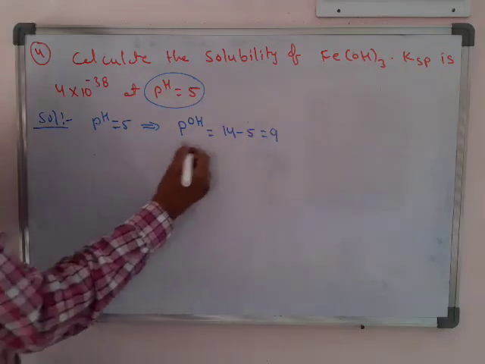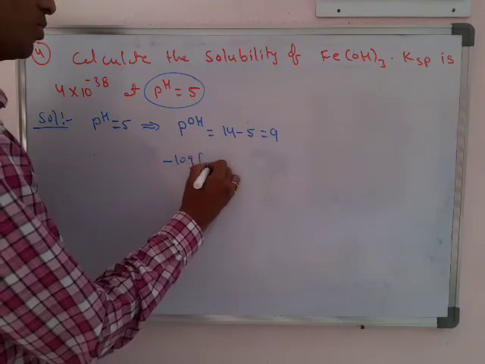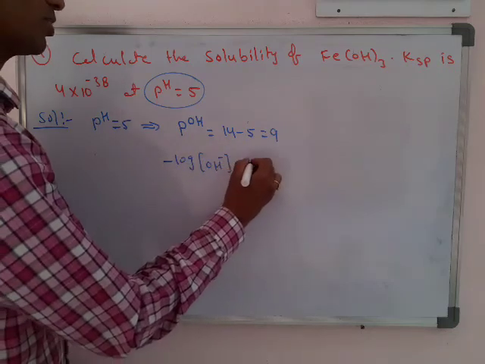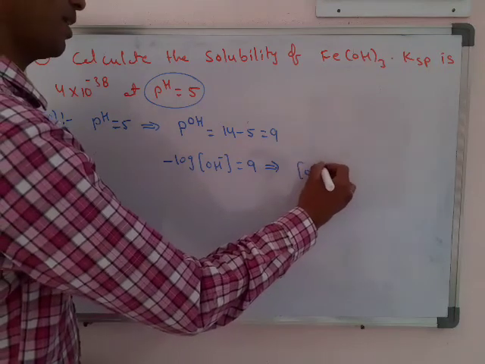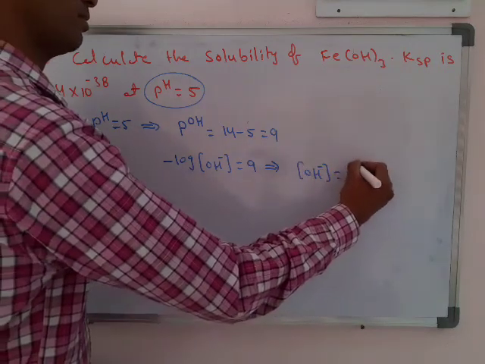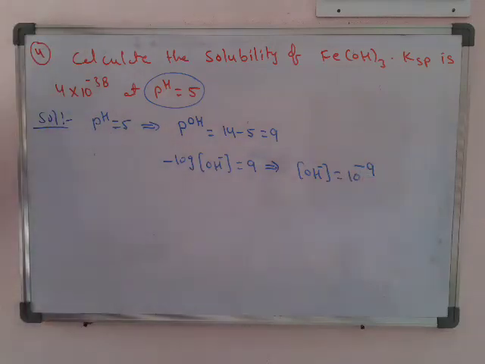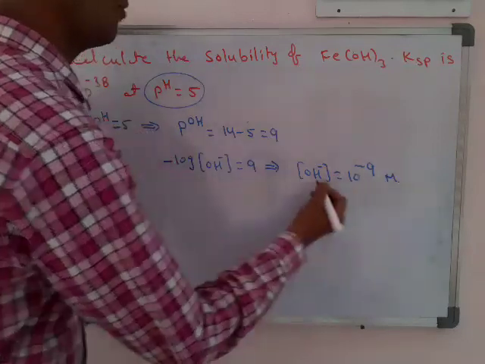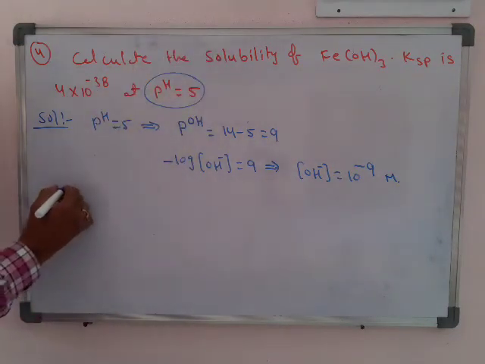So pOH equal to 9 means minus log OH minus concentration equal to 9. It implies OH minus equals 10 power minus 9 concentration. Now after getting the OH minus, it becomes easy to calculate the ferric concentration.